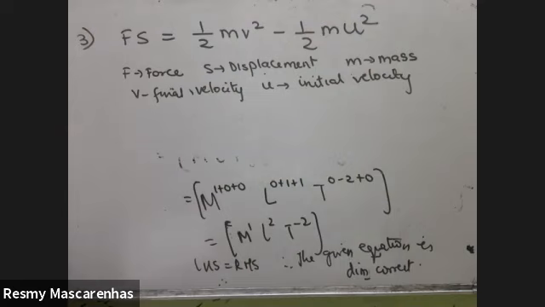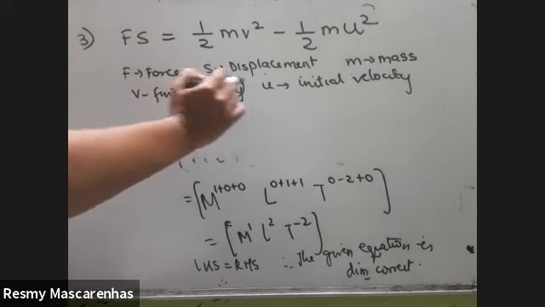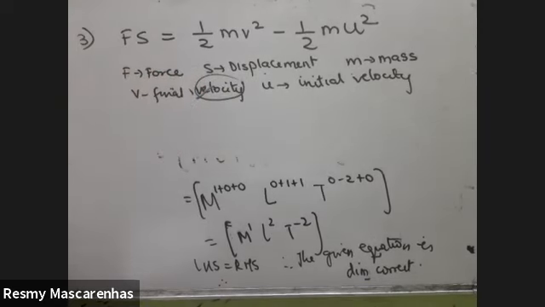Whether it is final or initial doesn't matter. The word you should look for is velocity. So this also means the same, and for this one also the dimension will be the same. You have to put the dimension of speed there.